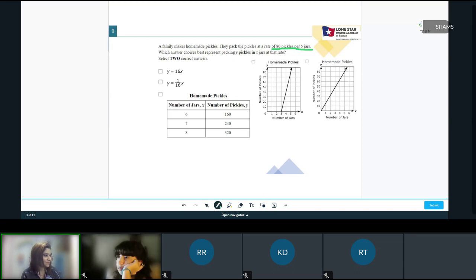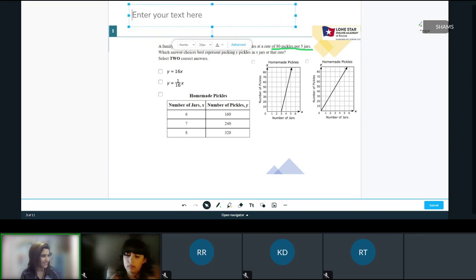Which answer best represents packing y pickles and x jars at that rate? Step 1, let's talk about the rate they gave you. They did not give you a unit rate. 5 jars had 80 pickles.